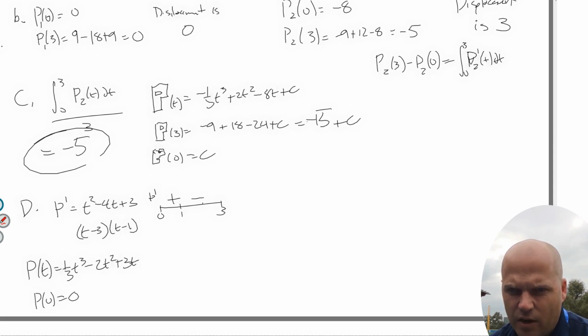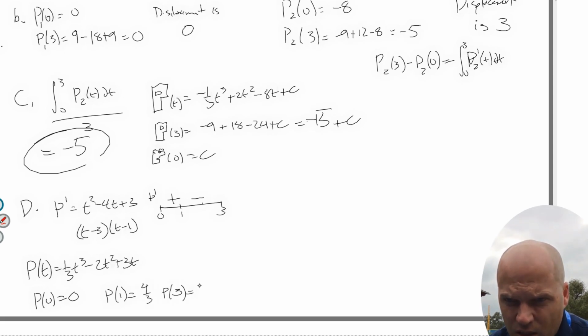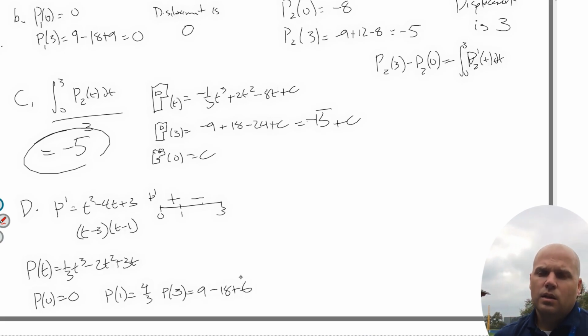And P of 0 is 0. Great. P of 1, I need to find. It's 4/3. And P of 3 is 0.